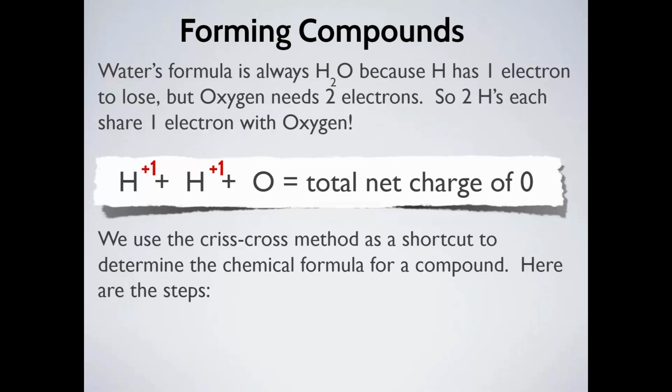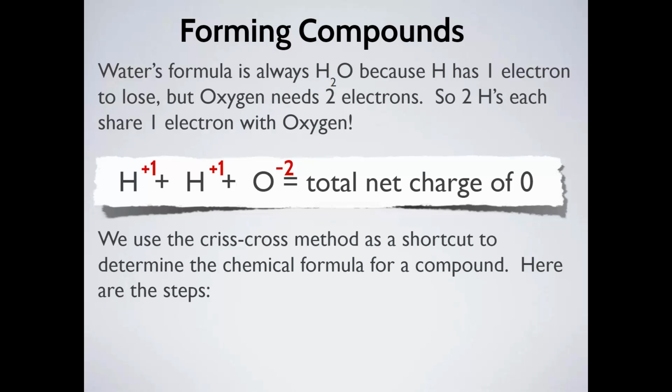Oxygen has 6 electrons in its outermost level. So what's its oxidation number? -2. It's missing 2 to get up to 8, the number it wants. And again, if we add up all of those numbers, what do we get?